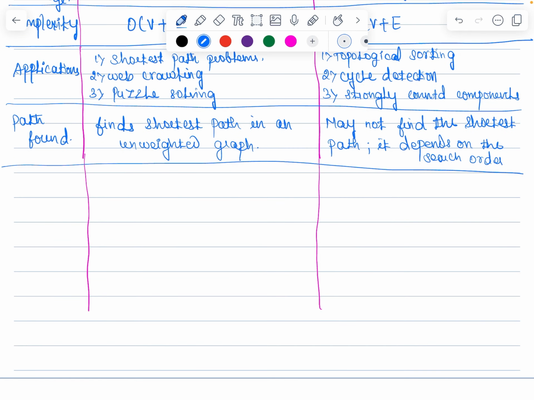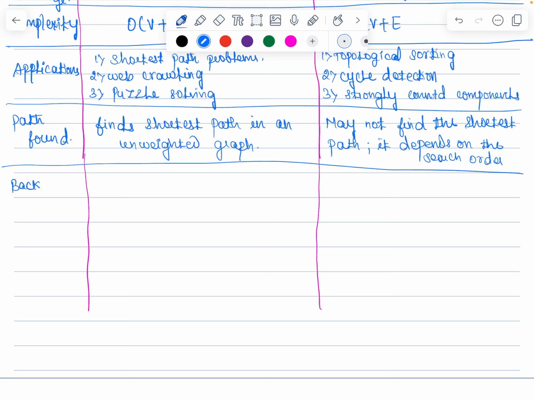BFS is suitable for finding the shortest path and exploring all possible paths within a certain distance, whereas DFS explores all possible solutions and paths exhaustively.